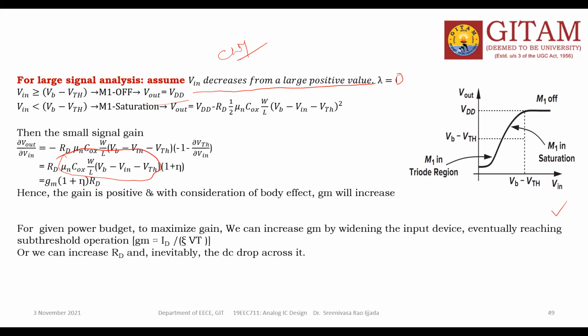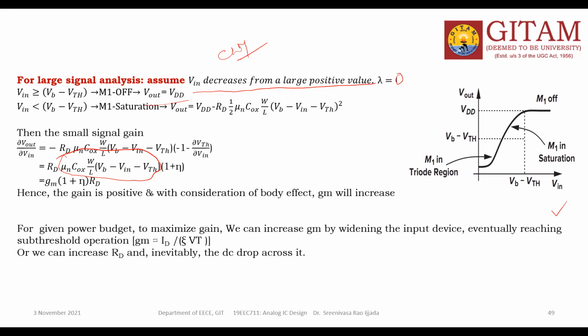In the subthreshold region, your gM value is equal to ID by eta VT. The eta value is fixed for long channel devices and short channel devices. VT is the volt equivalent of temperature, approximately 26 millivolts at room temperature.